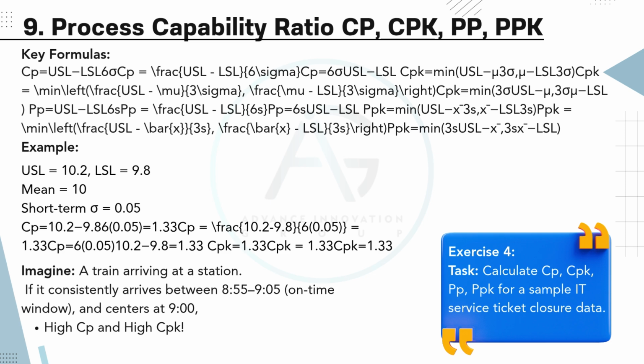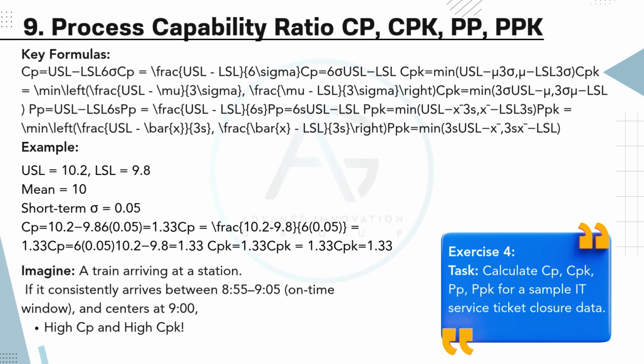Formulas: CP equals USL minus LSL divided by 6 sigma. CPK equals the minimum of (USL minus mu) divided by 3 sigma and (mu minus LSL) divided by 3 sigma. PP equals USL minus LSL divided by 6S. PPK equals the minimum of (USL minus X bar) divided by 3S and (X bar minus LSL) divided by 3S.